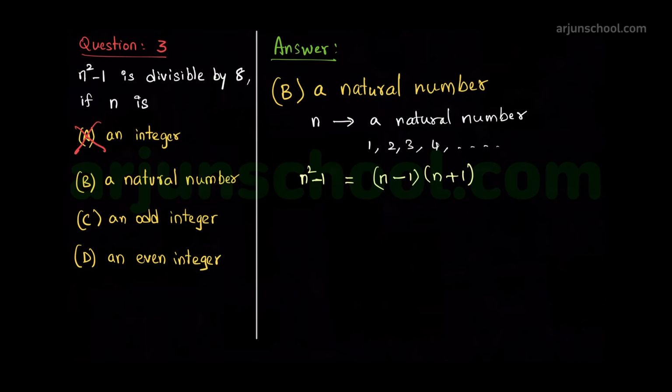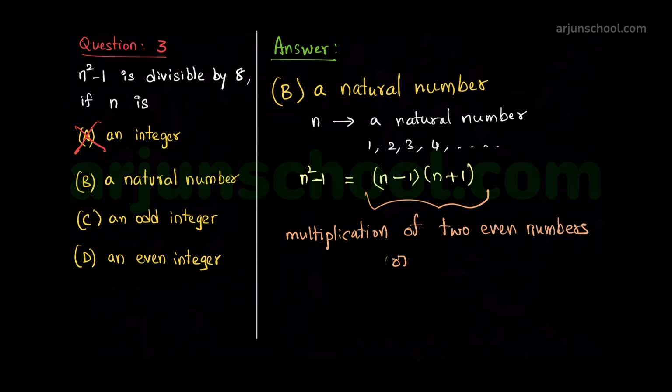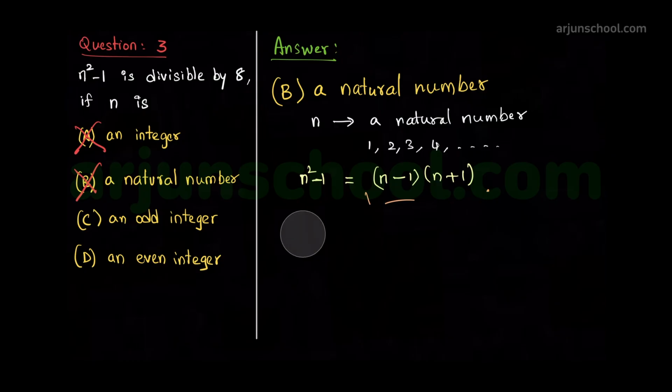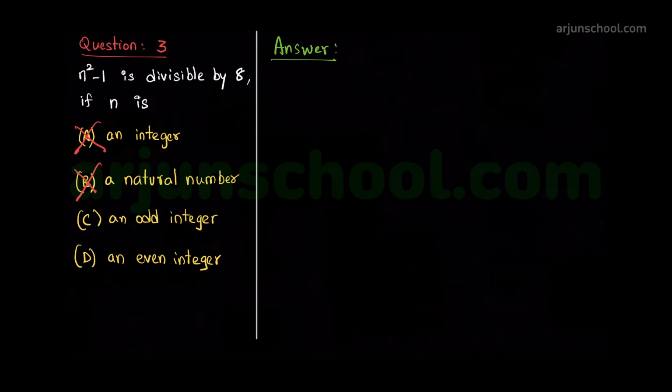N minus 1 into n plus 1 is just a multiplication of two even numbers or two odd numbers. This does not guarantee that n square minus 1 is divisible by 8. Now let us see option C.